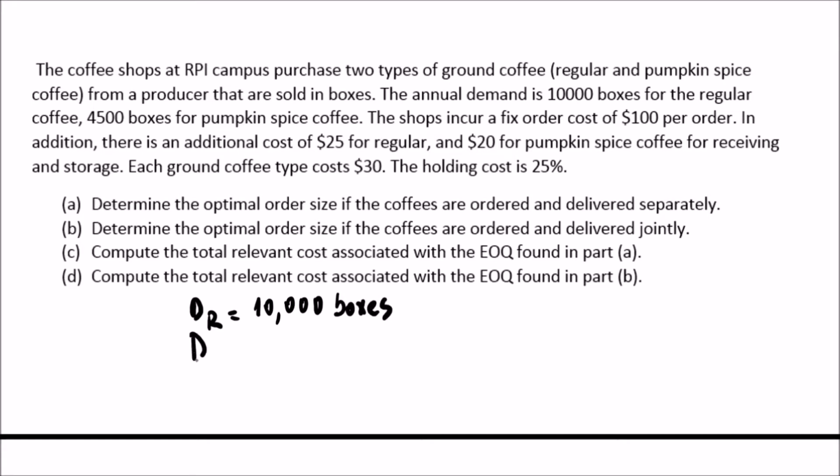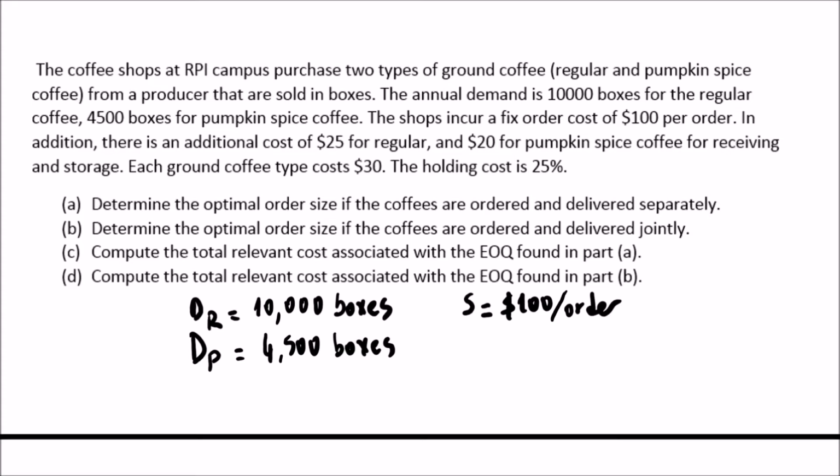For pumpkin spice, we are going to represent it by D sub P, and the demand is 4,500 boxes. In terms of fixed cost, similar to a single item EOQ model, we have S, which is $100 per order.